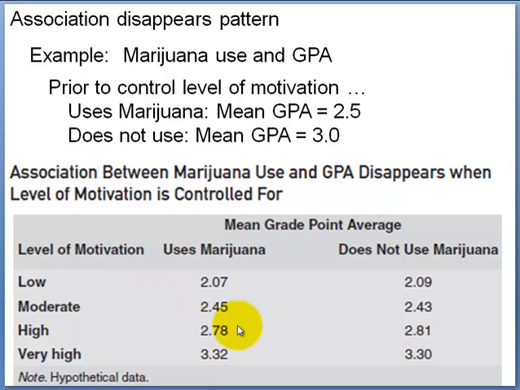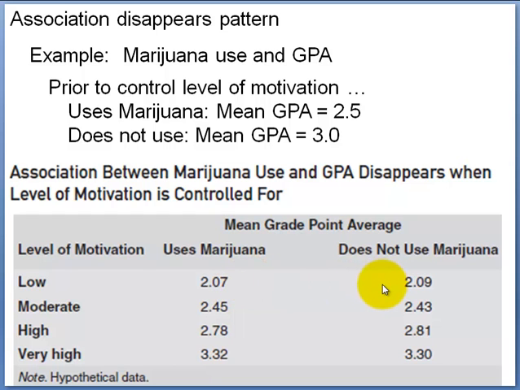And you can see that both among those who use marijuana and those who do not, level of motivation is associated with GPA. Those in the very high motivation group, for instance, have the highest GPAs. But our key comparisons are those within the motivation subgroups.